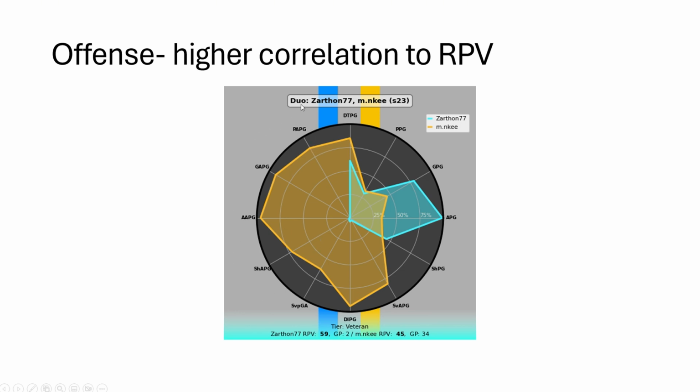Ball chasing doesn't track stuff like cleared balls or even stuff on offense like centered balls. So that leaves a bit of guesswork in there, which I think works perfectly for RPV because it's also used to determine a player's skill level and what tier they end up playing in. So if it's kind of ambiguous, you don't want to put too much weight on it.